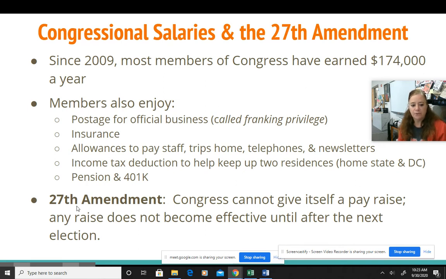Finally, and a really important thing, is the 27th Amendment, the last amendment to have been passed. Congress voted on the fact that they cannot give themselves a raise. So if Congress votes to up the salaries of the people in Congress, that does not go into effect until the next election. And the reason this is important is because they could vote to say Congress members all make $1 million a year.